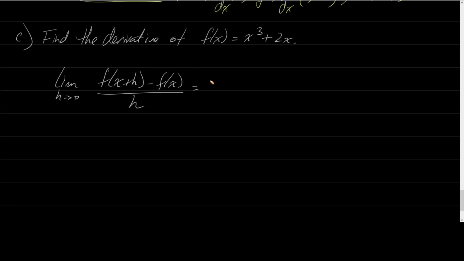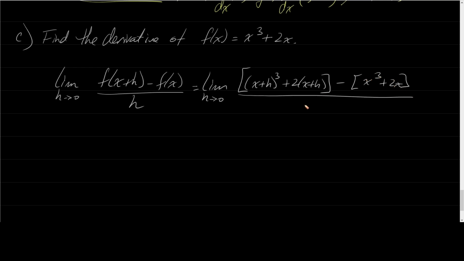In this case, we end up with the limit as h goes to 0 of x plus h cubed plus 2 times x plus h, and so that's our f of x plus h, minus f of x, so x cubed plus 2x, and all of this over h. At this point, let's expand this.